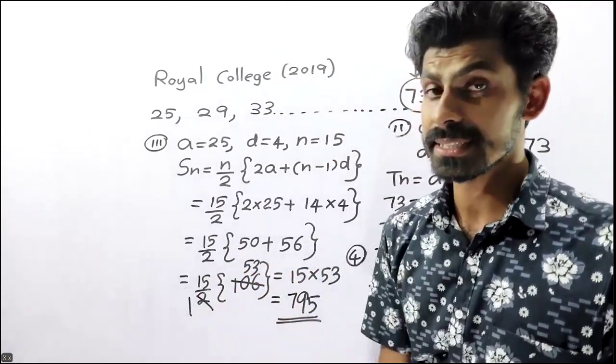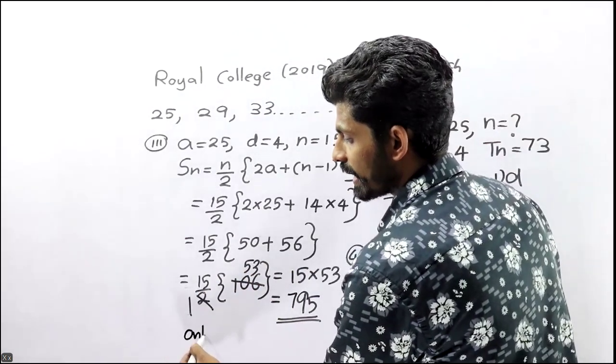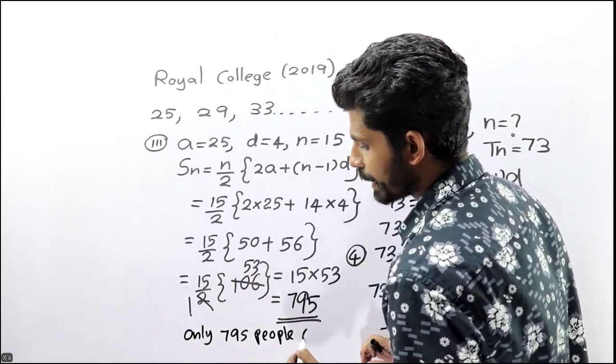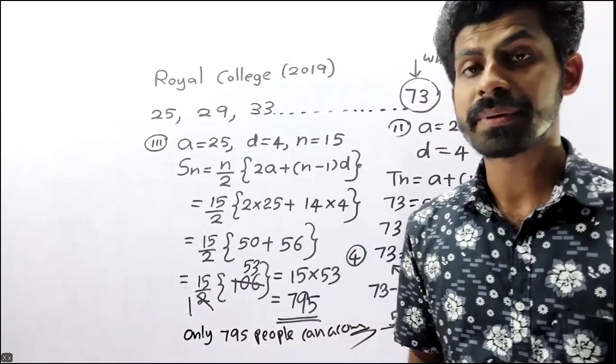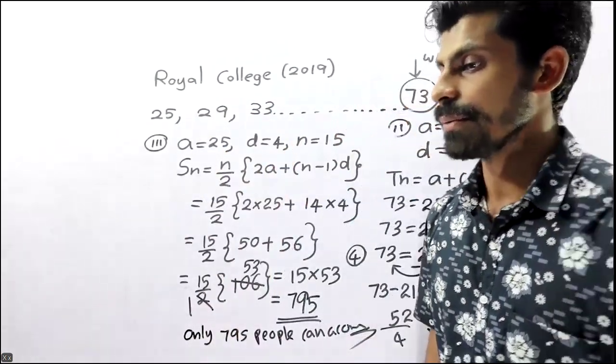That statement is incorrect. That statement is false, right? Only 795 people can be accommodated.